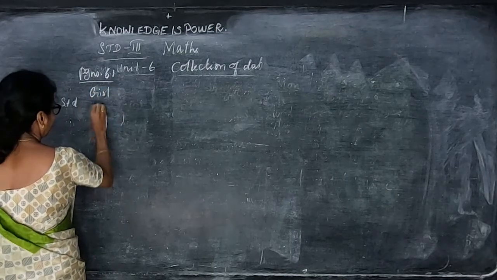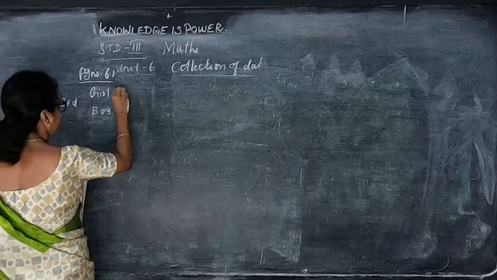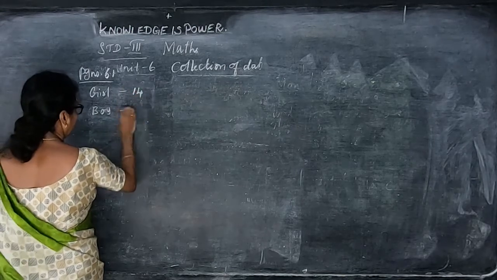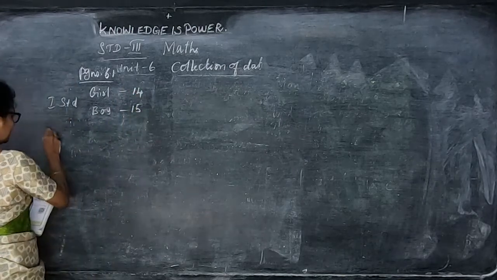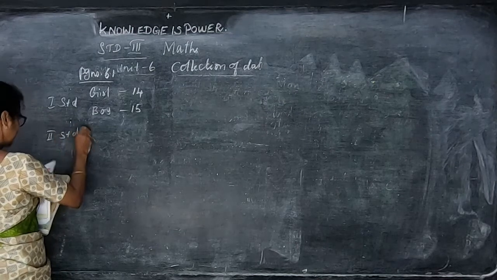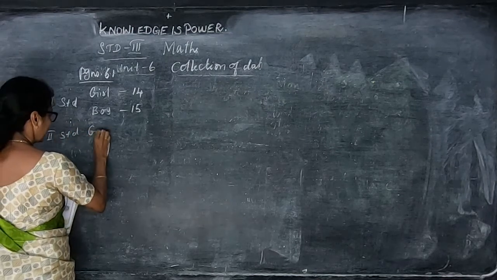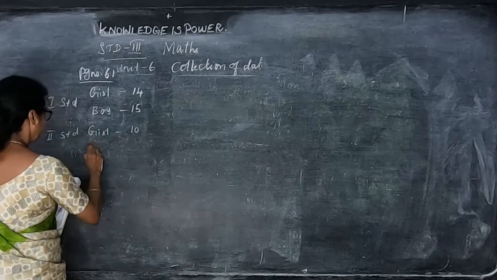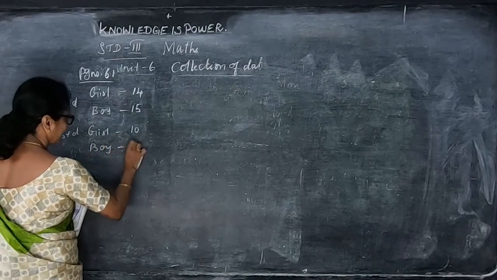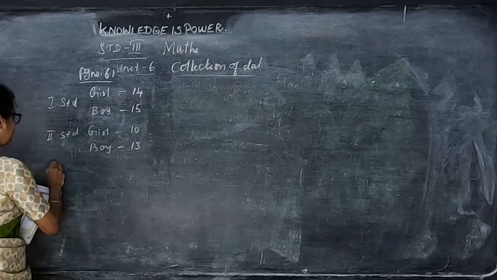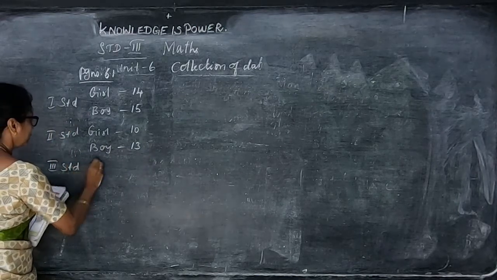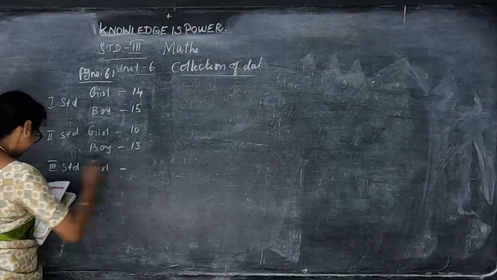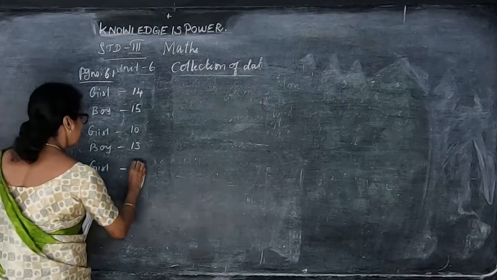So girl and boy. They have given 14 for girls, so we can keep boys as 15. In second standard, they have given girls 10. So we can keep boys as 13 like this. We can put any number. Third standard girls, how much did they give in the book? 16.